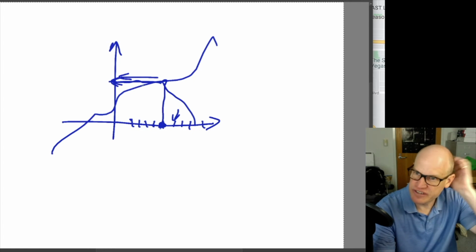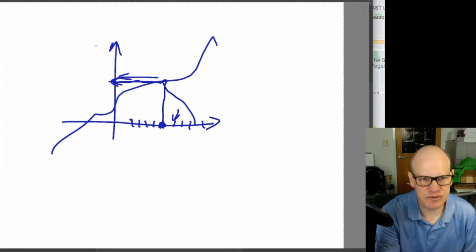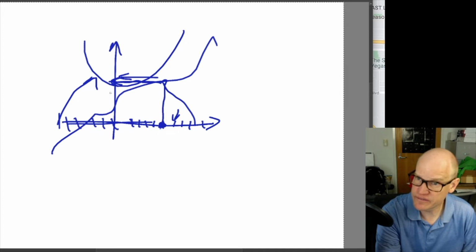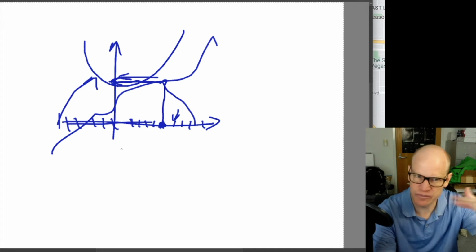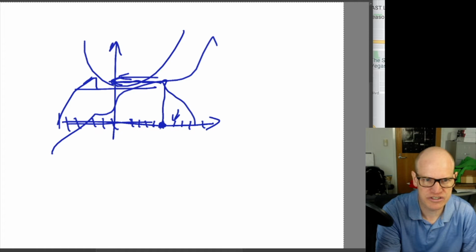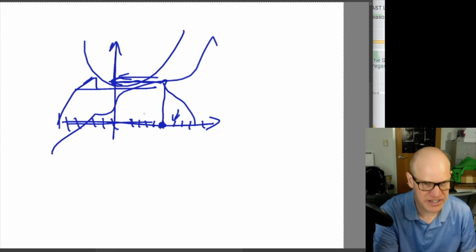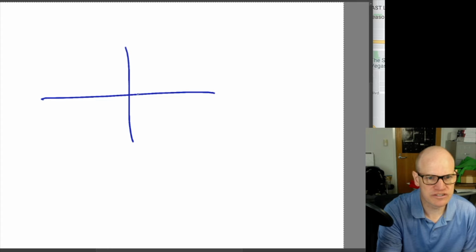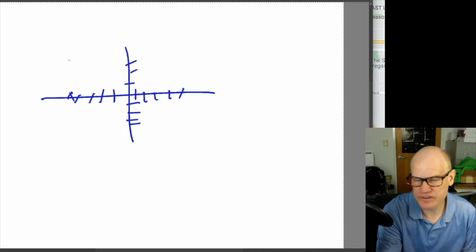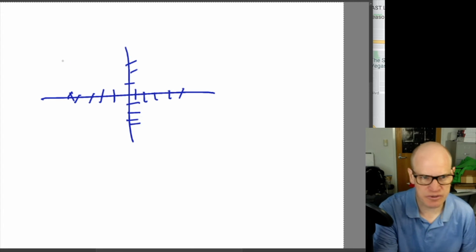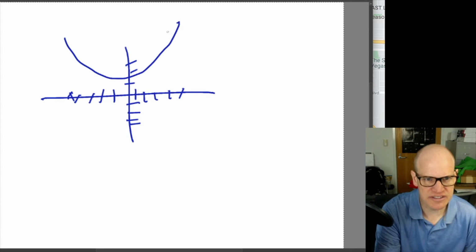And there are certain types of properties that this map can have. For example, you could have a curve that looks like this, where you're mapping the entire real number line onto only part of the real number line. So here's our coordinate system, we have all the real numbers in this direction, we have all the real numbers in this direction, but then our map that connects these two real number lines together only looks like this.